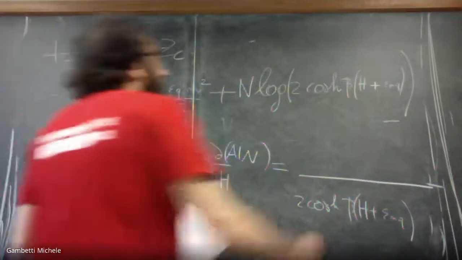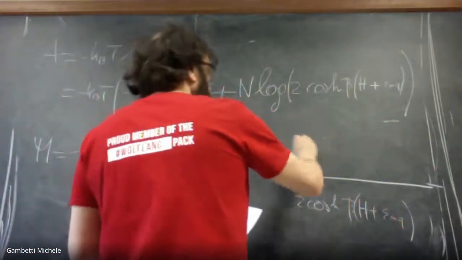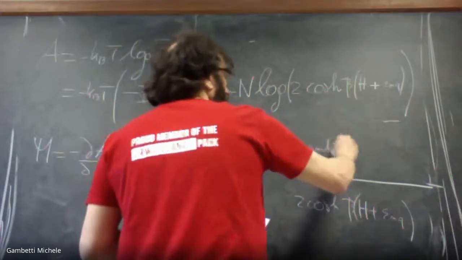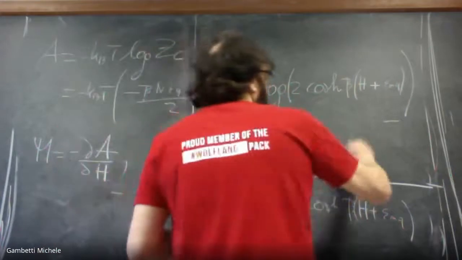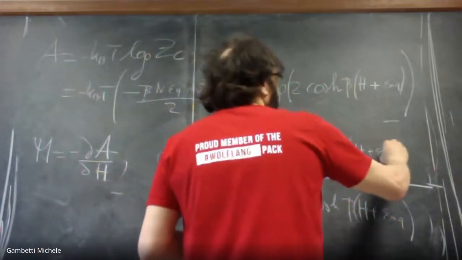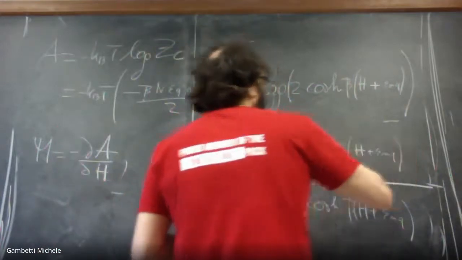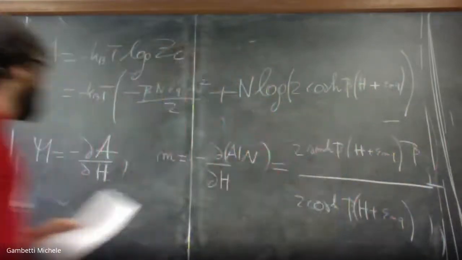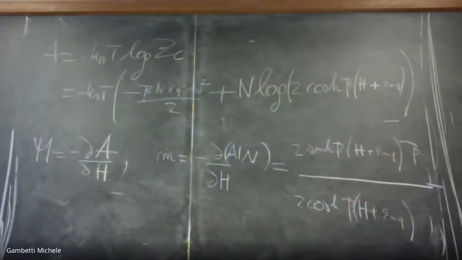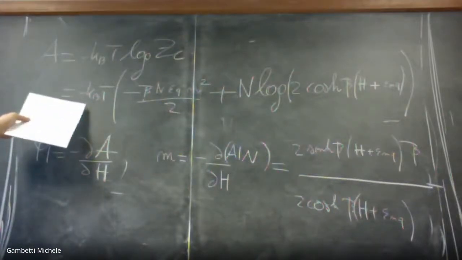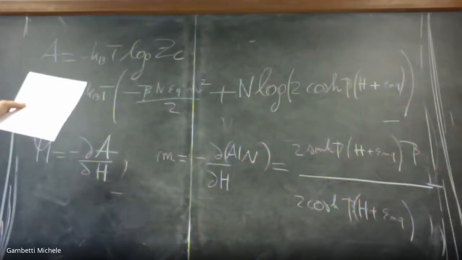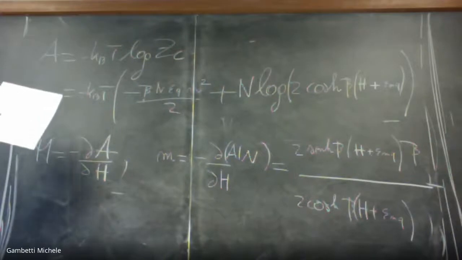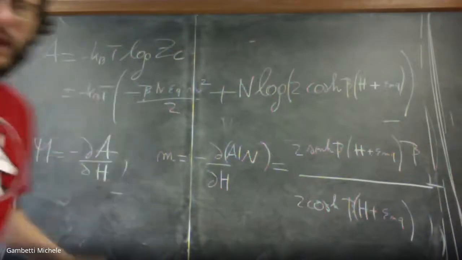Then I have the derivative of cosh, the hyperbolic sinh of beta times h plus epsilon q m. And then I have an additional factor of beta because I'm deriving with respect to h, and then another 1 over beta there. And I have a minus here. Okay, maybe I close here.